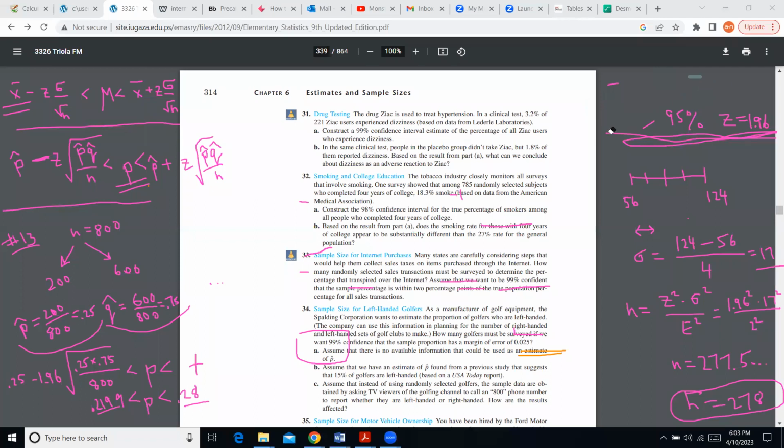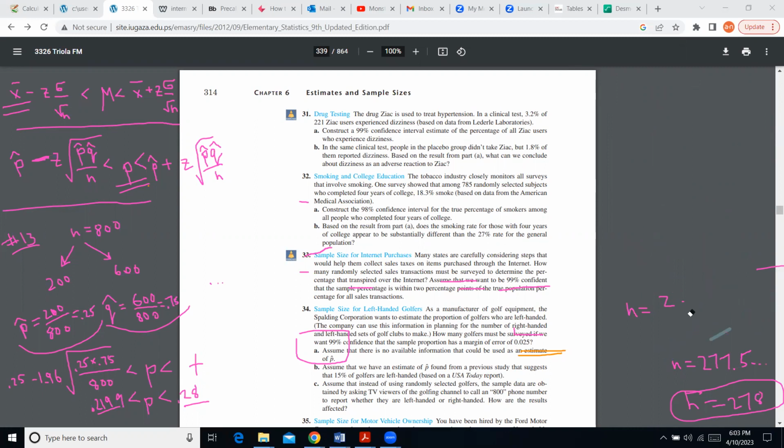So we have 3.2% of 200 users, and want to construct that interval. So let us go for that. 3.2%.